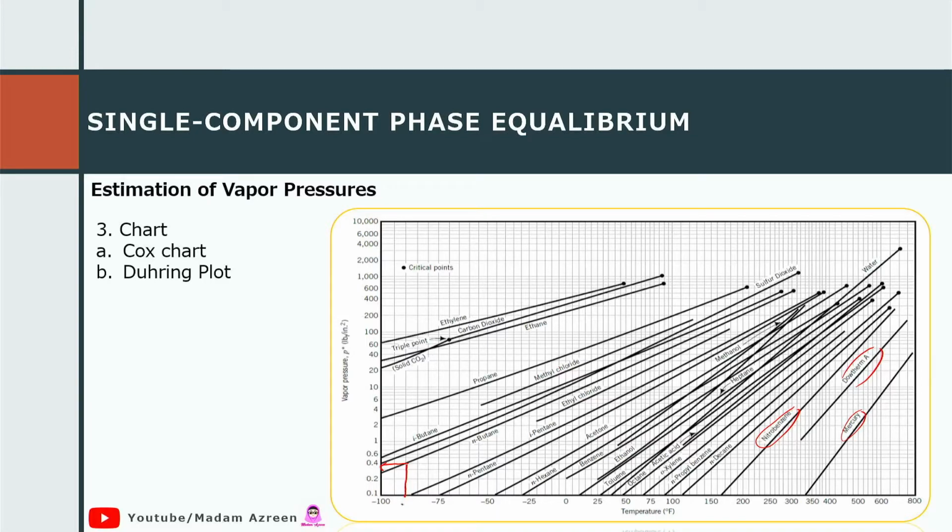At any temperature, just go straight to the line of that chemical, then go to the vapor pressure axis, so they can get the value of vapor pressure. That is how they estimate the vapor pressure.